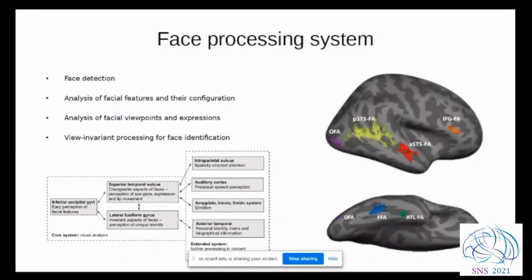These regions are believed to be involved in processing more high-level aspects of faces, such as social information and semantic information of faces. The talk that I'm going to give is more focused on this extended part of the face processing network.